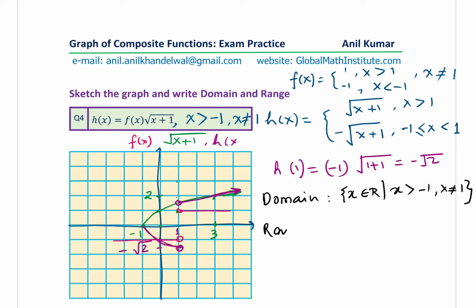As far as the range is concerned, for the given function we're talking about at the moment, h of x, the range is that y value belongs to the real numbers, but the y value is between minus square root 2 and 0, where 0 is included, union y greater than square root 2.